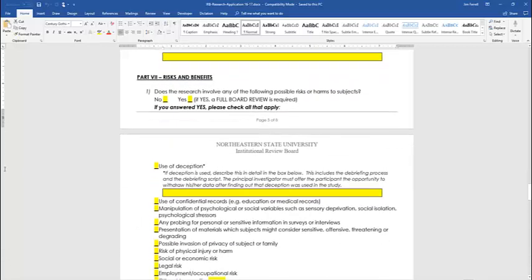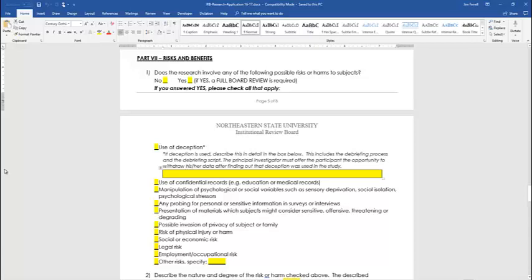Part 7, risk and benefits. Here we're asking them, earlier we asked about a protected population, and they may have checked no, this is not involving a protected population. But here what we're doing is we're asking them, are there things involved in the research that may be possible risk or harm?